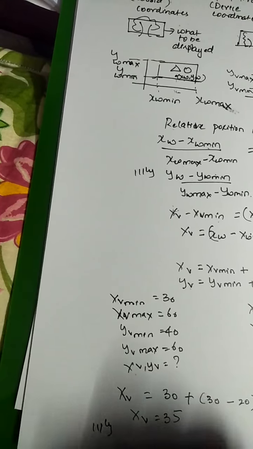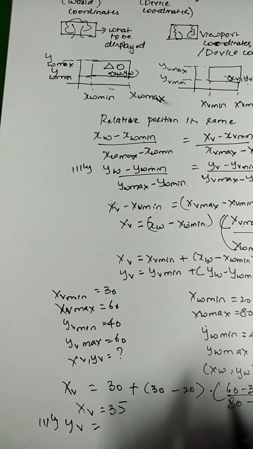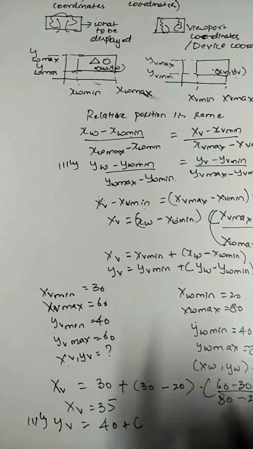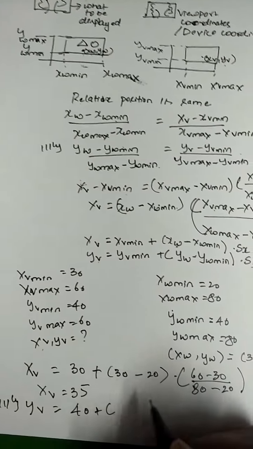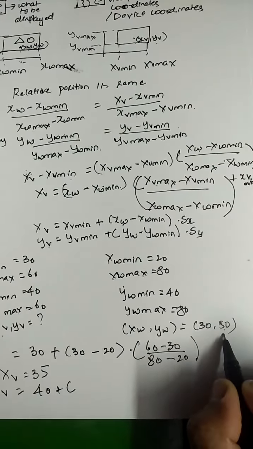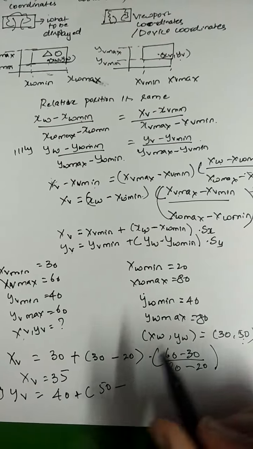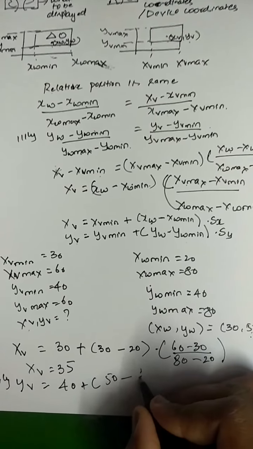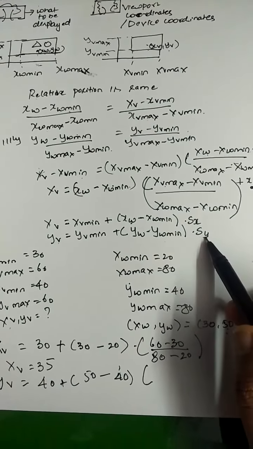Similarly, for YV: YV min is 40 plus YW, which is 50, minus YW min, which is 40, into Sy.